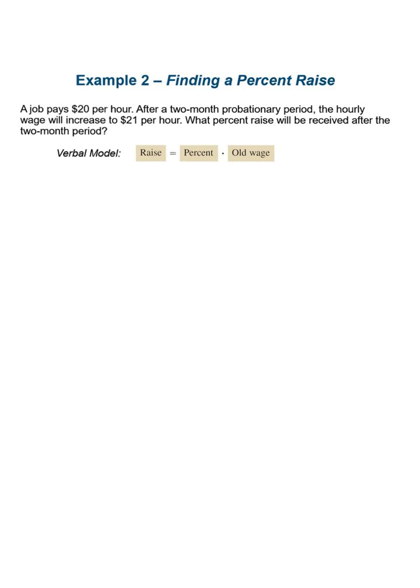So another example. A job pays $20 per hour. After a 2-month probationary period, the hourly wage will increase to $21 per hour. What percent will be received after the 2-month period? Again, we provided you the verbal model: the raise equals percent times the old wage. So we're going to plug in things where they are. The raise, 21. The percent, we don't know.